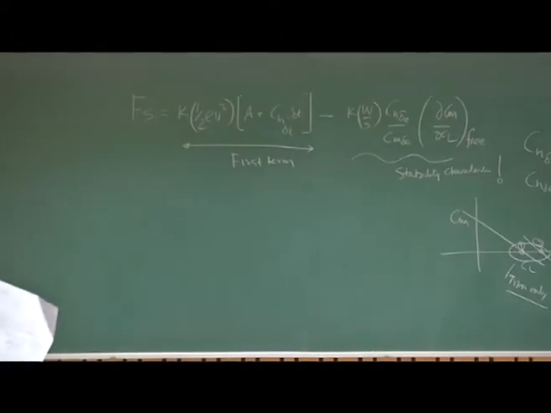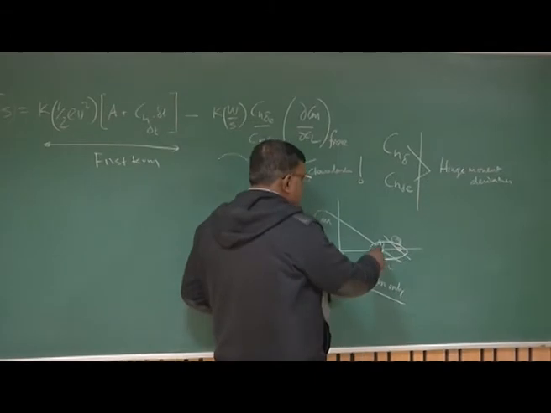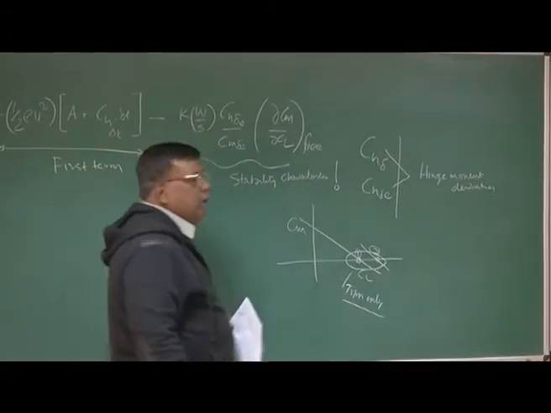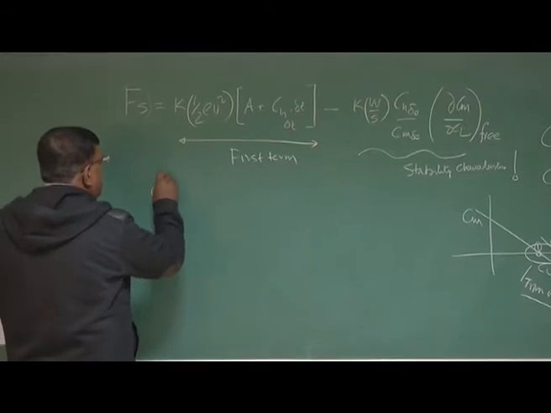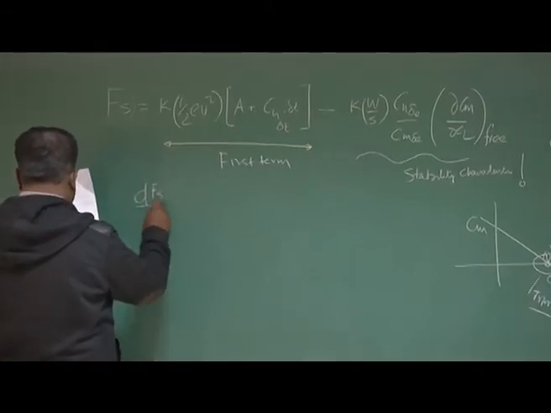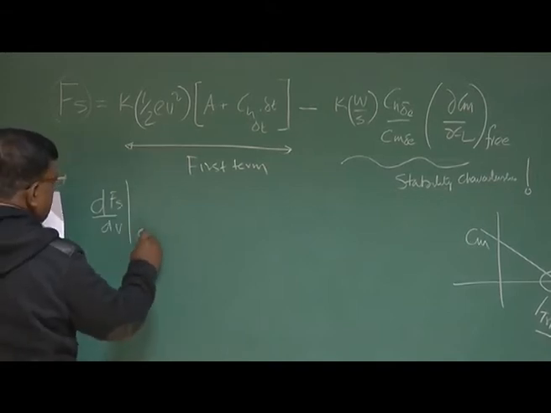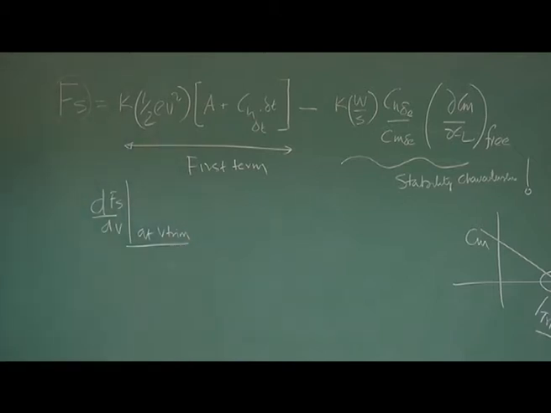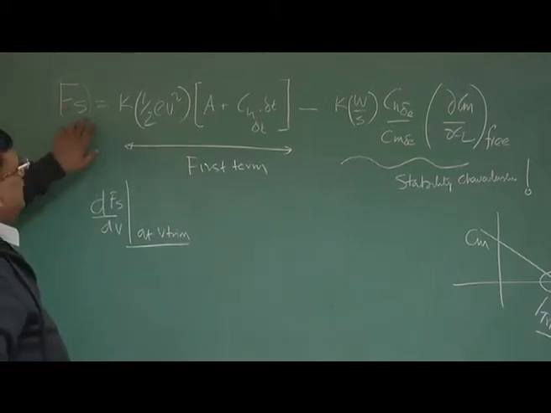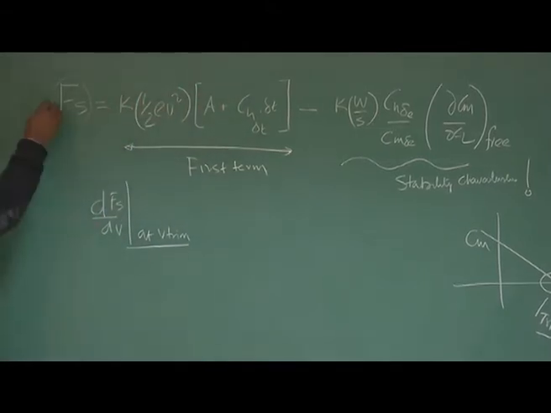So to get that understanding explicit, we will study the case at trim. That is why we will now go for dFs/dV, and try to find out how it varies at V trim. If we take dFs/dV, you will get only this term, with the 2 cancelling.